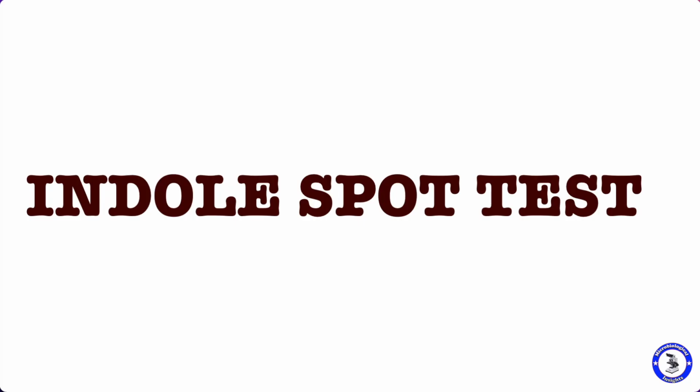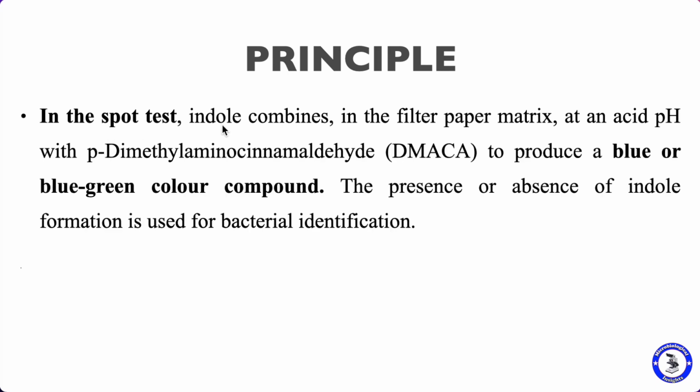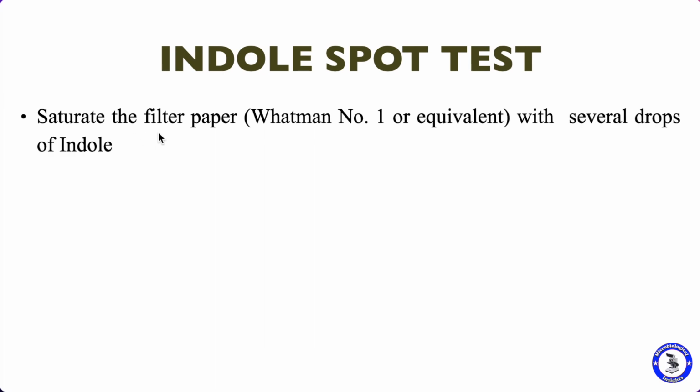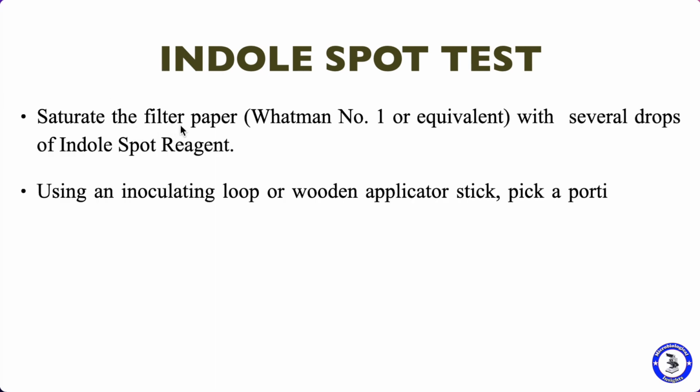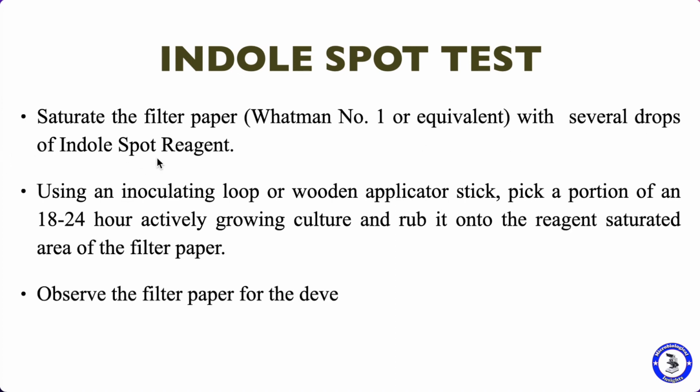Already we saw the indole tube test method. Now you are going to learn about the indole spot test method. The principle of the indole spot test is that the indole combines with para-dimethylaminocinnamaldehyde in a filter paper matrix and produces a blue or blue-green colored compound which indicates the positive result. The procedure of the test is, you saturate the filter paper with several drops of indole spot reagent.